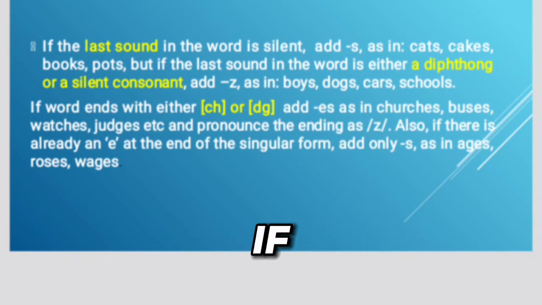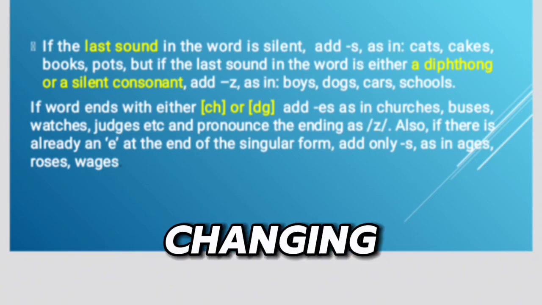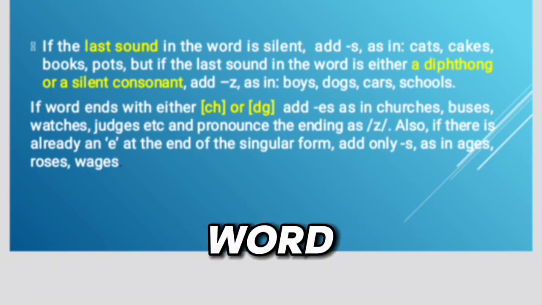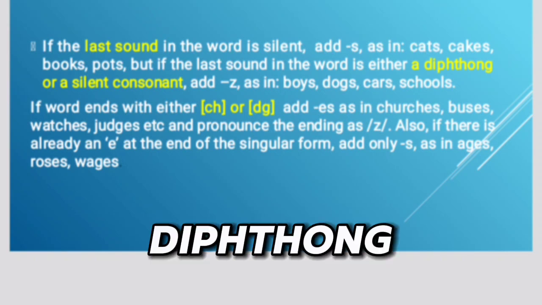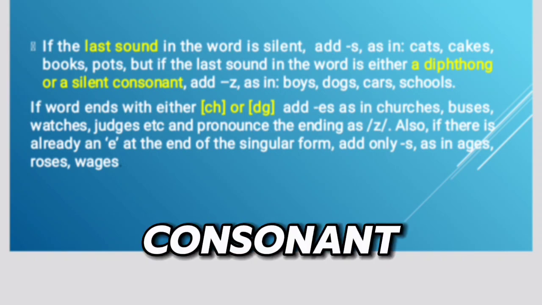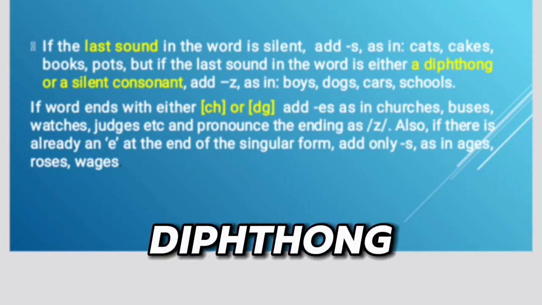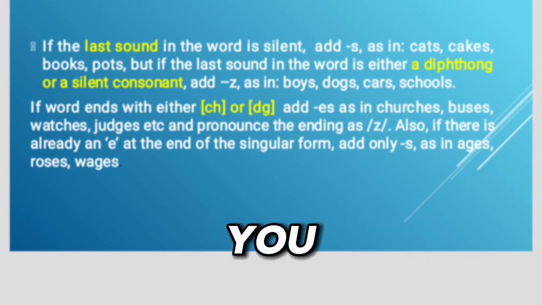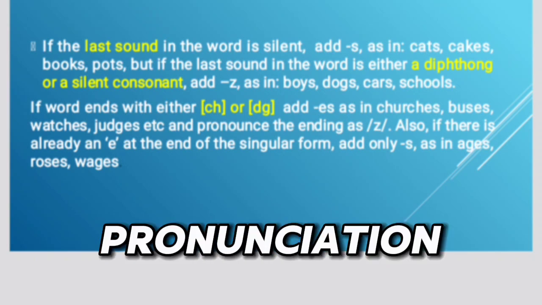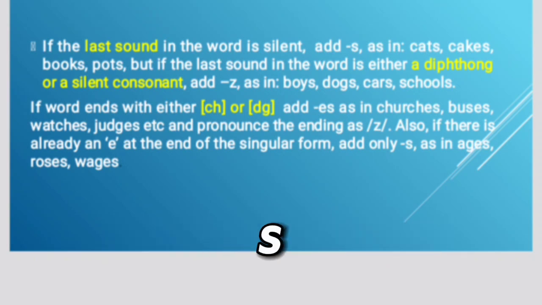But if the last sound in that singular word that we are changing to a plural word is either a diphthong or a voiced consonant, there's a mistake here, it's supposed to be voiced consonant, it's either a diphthong or a voiced consonant, you add z. So you are going to add s to it also, but the pronunciation is going to be z, not s.